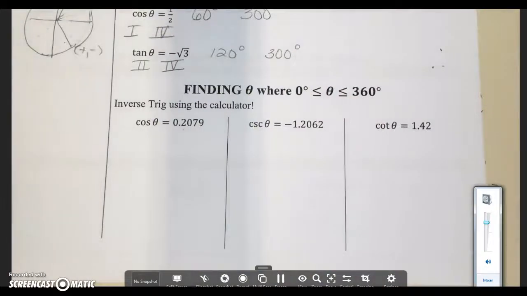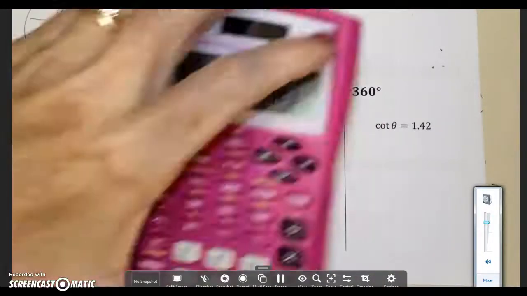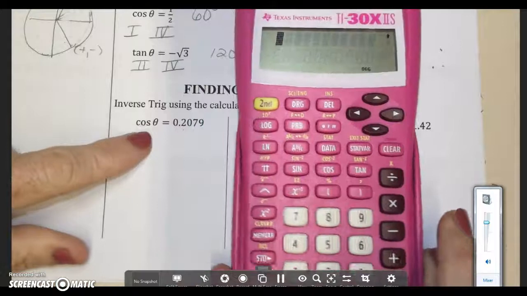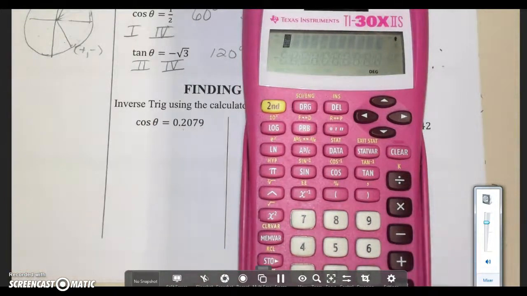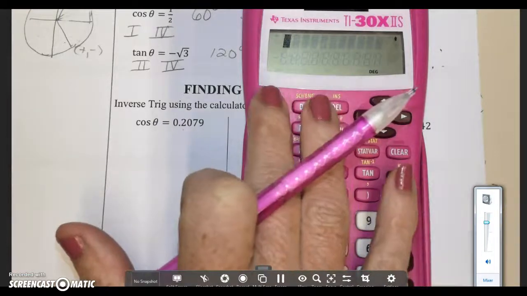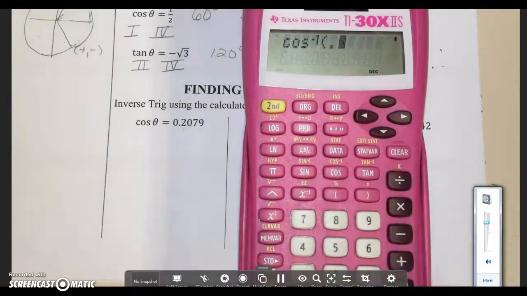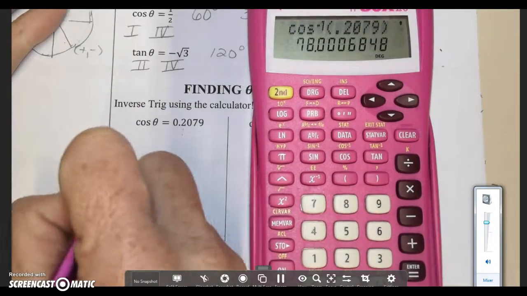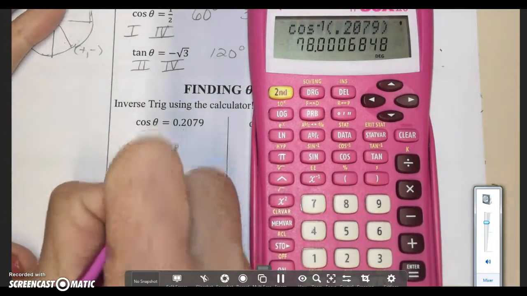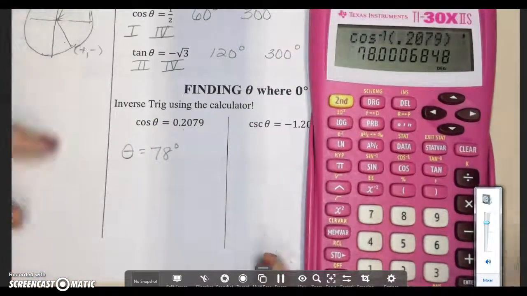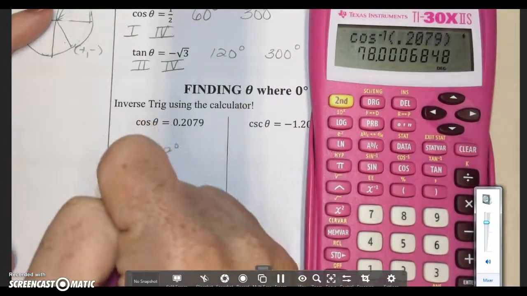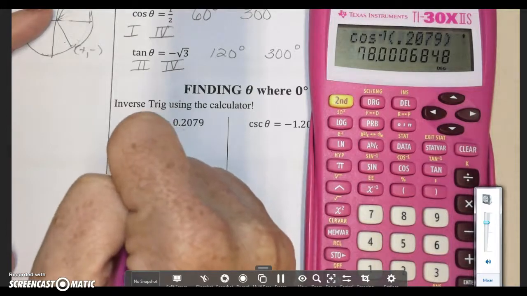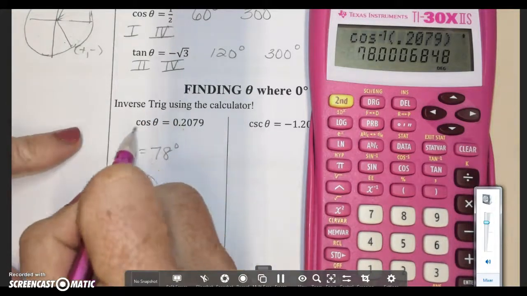Okay, so now when you're finding angle values, you're just using the inverse function on your calculator. When you're trying to find the value of theta, your angle measurement, this is when you're using the second function. So you're going to say second cosine 0.2079 equals, and that's going to give you a measurement of about 78 degrees. Okay. However, in the circle, 78 degrees is right about here. But where is the cosine positive?